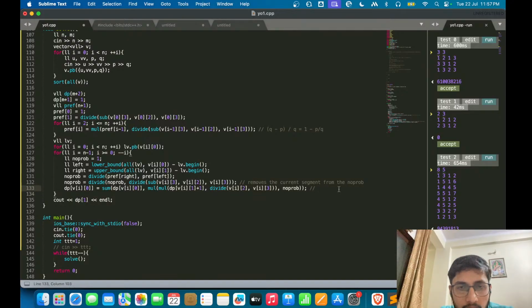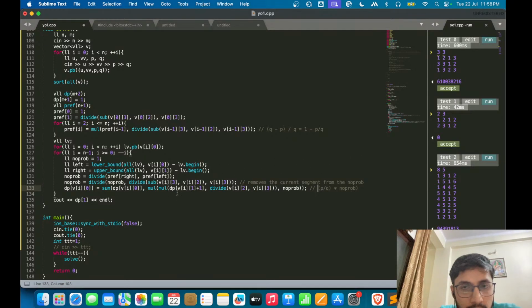This thing is p by q, and no prob is, again I'm repeating, the probability that all the other overlapping subsegments are excluded. Only then will we be able to ensure that exactly one segment remains.